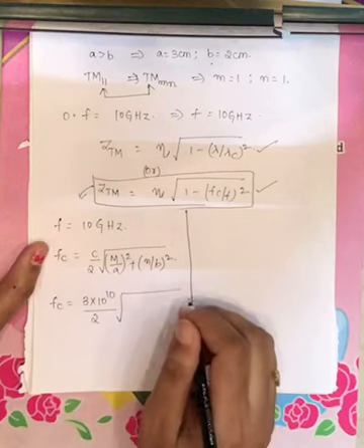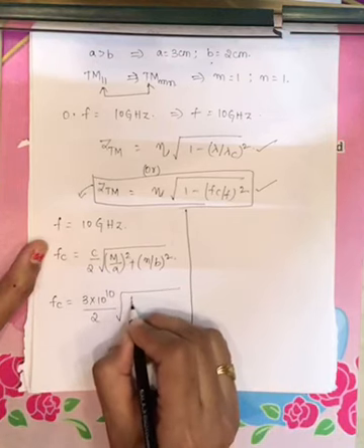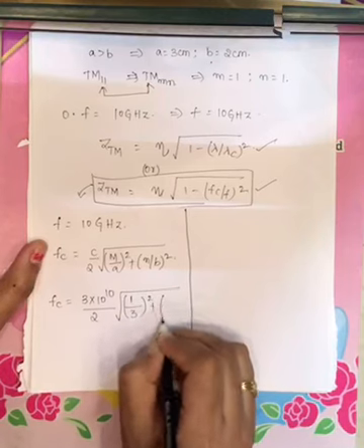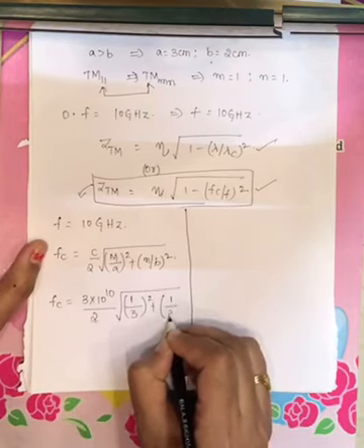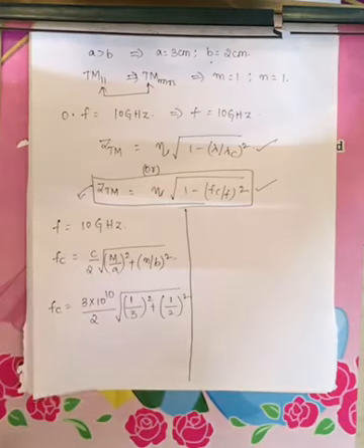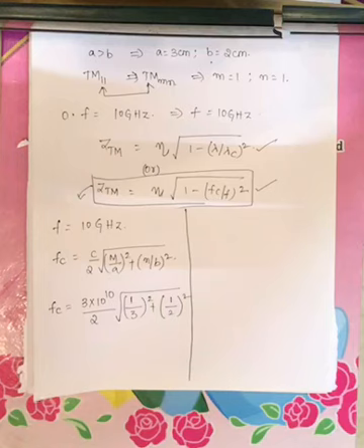by 2 under root of, what is the value of m? 1, and the value of a is 3, so 1 by 3 whole square. Now the value of n is 1, the value of b is 2, 1 by 2 square. Now wait a minute, I will bring the calculator. Okay, now solve this.